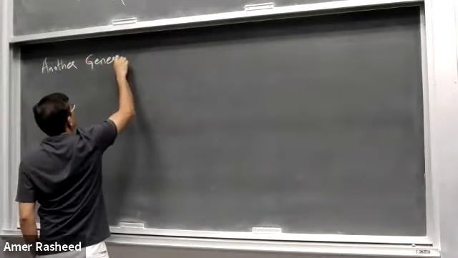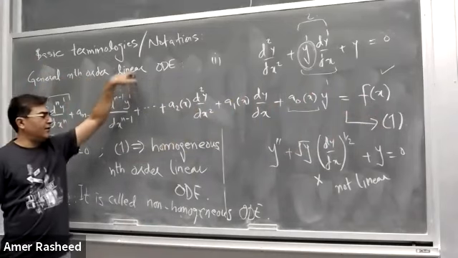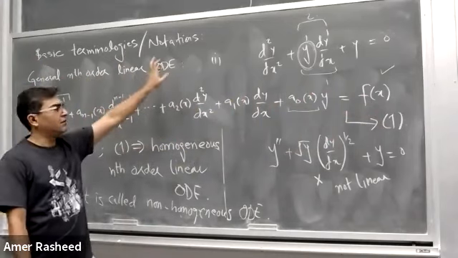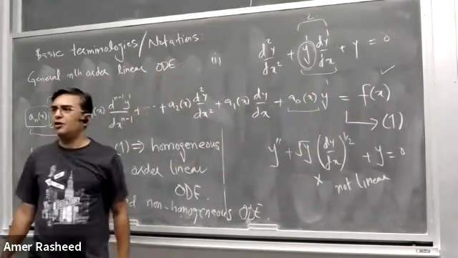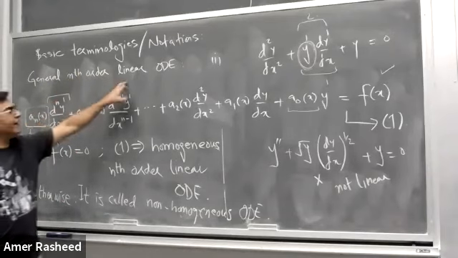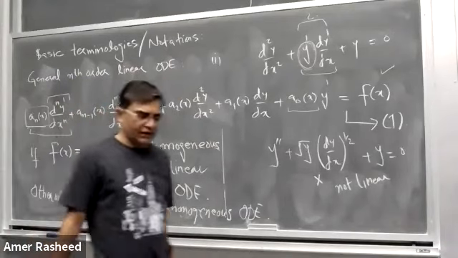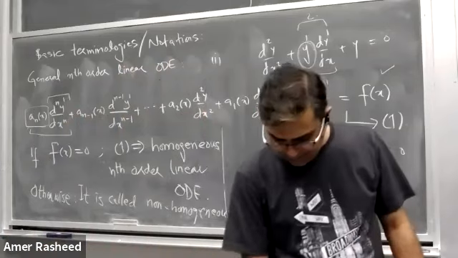If the right hand side is 0, then this differential equation will be called what? Nth order linear and homogeneous ODE, ordinary differential equation. In other case, if the right hand side is non-zero, then we call it nth order linear non-homogeneous ODE.